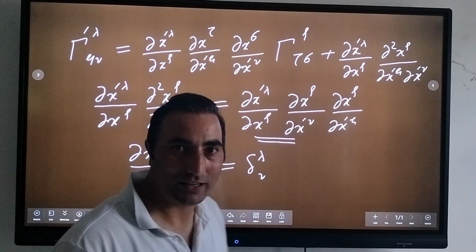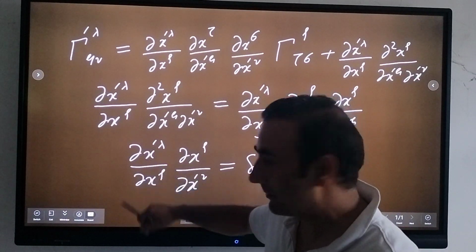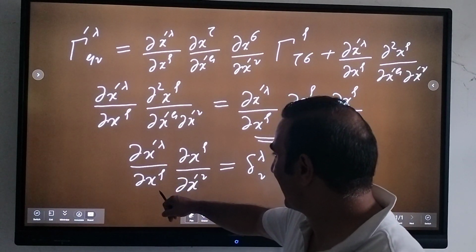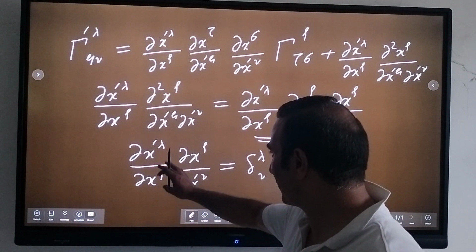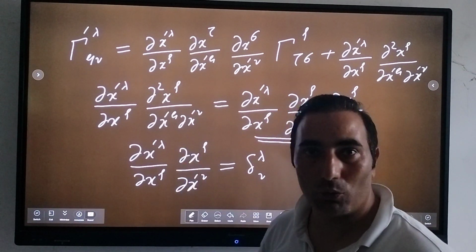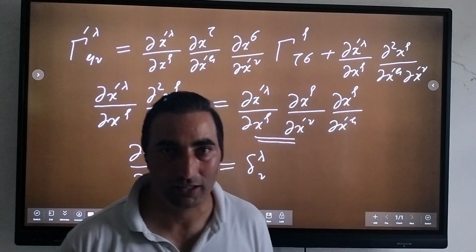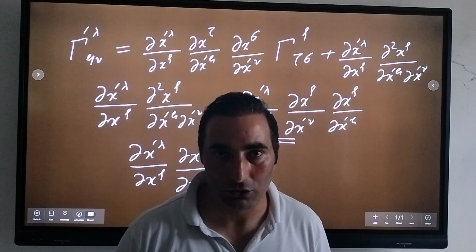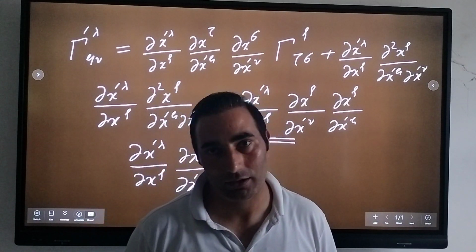Okay, so this is very clear, because when lambda equals nu, you get partial x prime lambda by partial x rho, and this whole term will cancel. So it should be equal to delta lambda nu, the canonical delta, whose value is equal to 1 if lambda equals nu and 0 otherwise, right?